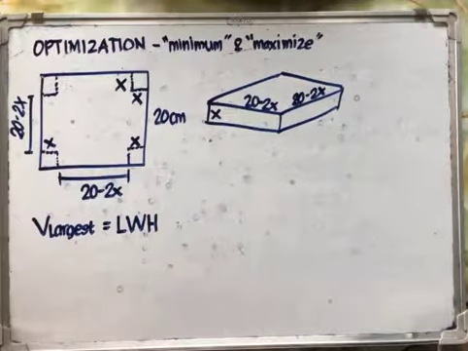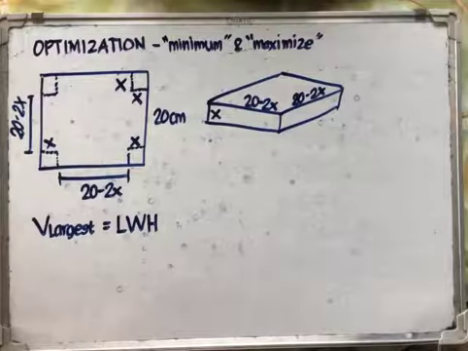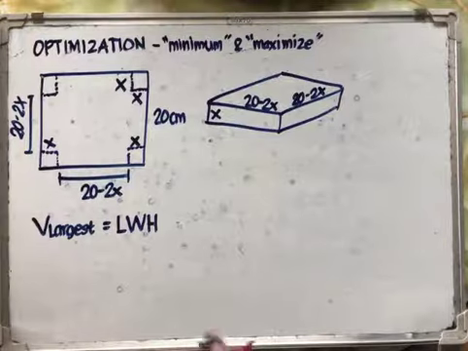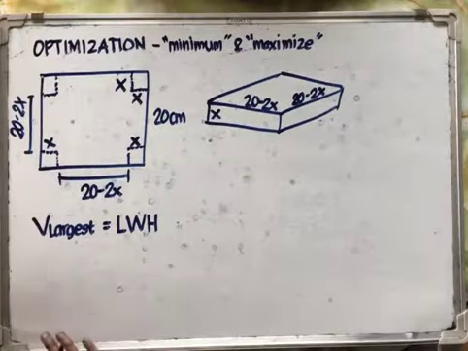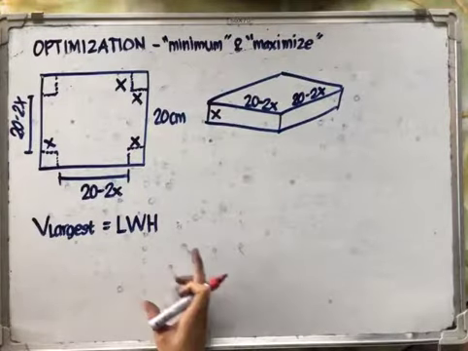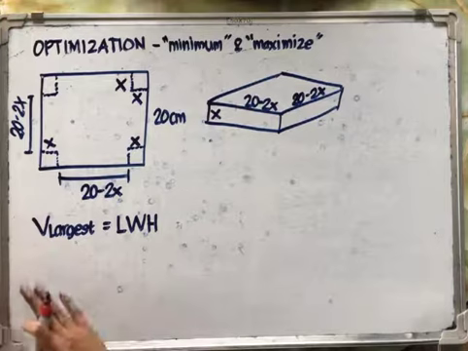Ma'am, sinabi niya dun sa problem na this is a metal box without a top. Does it matter for this computation? So actually, it wouldn't matter if without a top siya. It would only matter if we are talking about surface area. But since for this problem, we are optimizing the volume, we are getting the largest volume out of the dimensions, or we're getting the dimensions to give the largest volume.